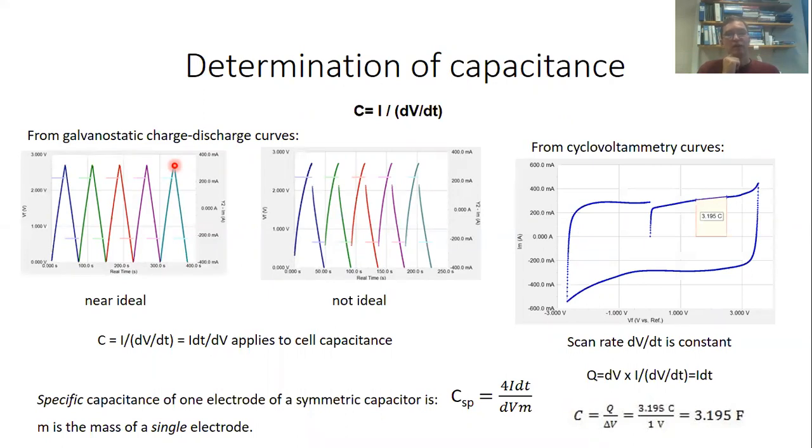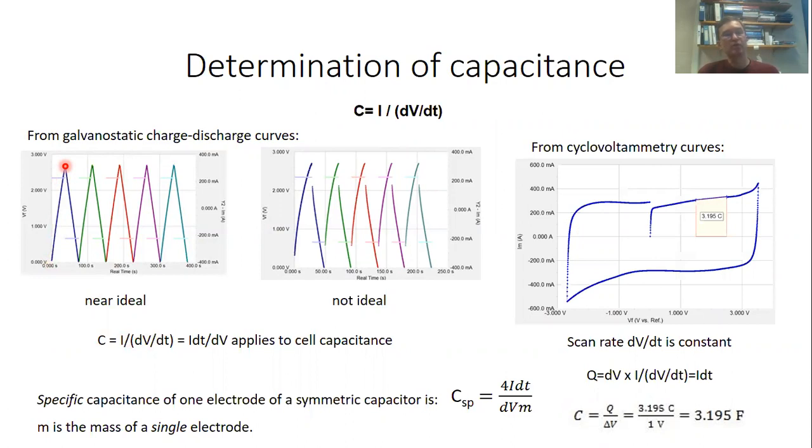Okay, so now how can you determine the capacitance? The capacitance is nothing else but your constant current that you know over dV over dt, which is nothing else but the slope of the line within a galvanostatic charge-discharge curve.